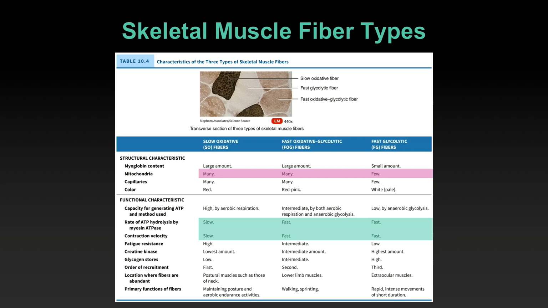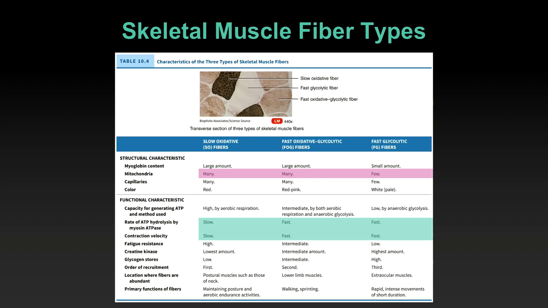So fast glycolytic type 2 muscle, the ATP breakdown happens really quick, hundreds of times faster than in slow muscle. Really quick. On top of that, the power stroke, multiple times stronger. Really fast ATP breakdown, really quick shortening. So they're powerful muscles. Powerful. They can generate a lot of force.